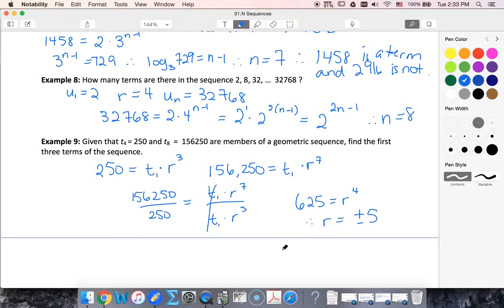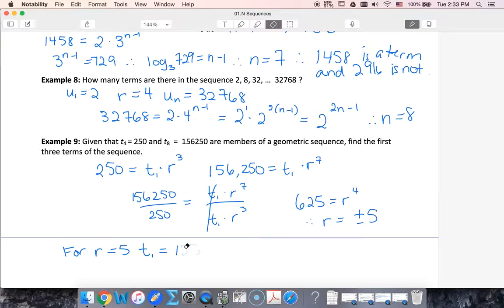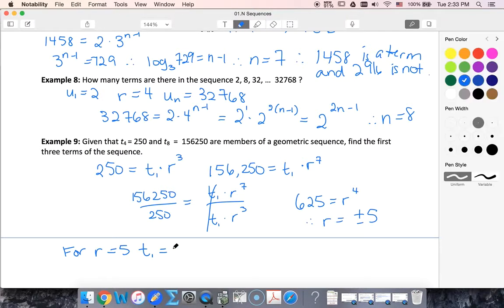That means that my t1 would be 2. And if it was negative 5, r cubed would have been negative 125, so t1 would have been negative 2.